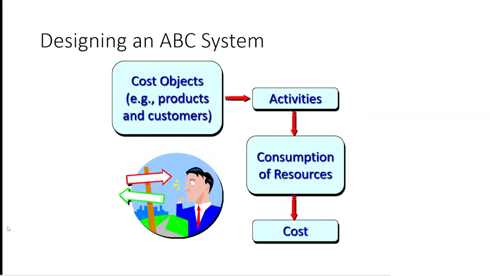So we work backwards: rather than looking from the cost, we look from the cost object. That's the starting point of activity based costing. First we understand what the cost objects are, then we understand what the activities are, then we understand what the consumption is, and finally the assignment of cost.